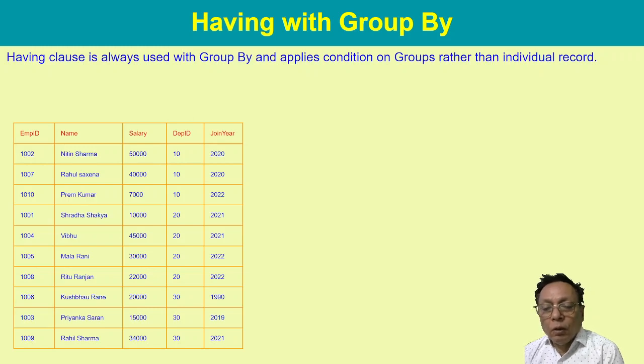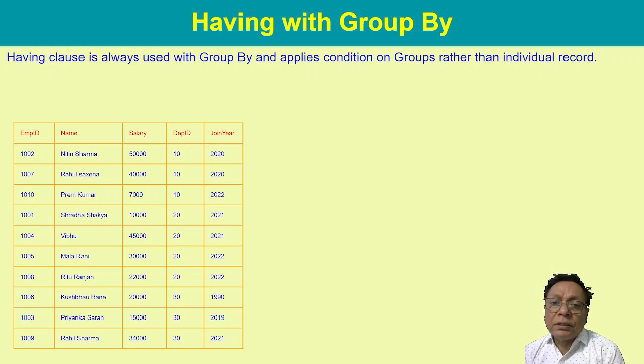Where clause is applied on the rows, the individual records of the table, whereas having clause is applied on groups, and that is why having is always used with the group by clause.